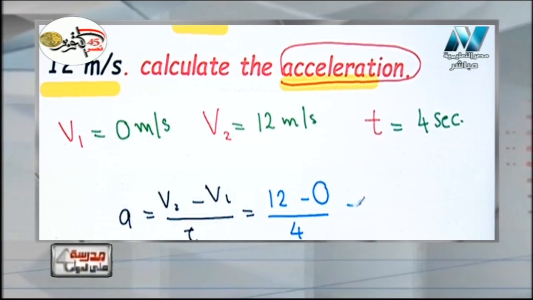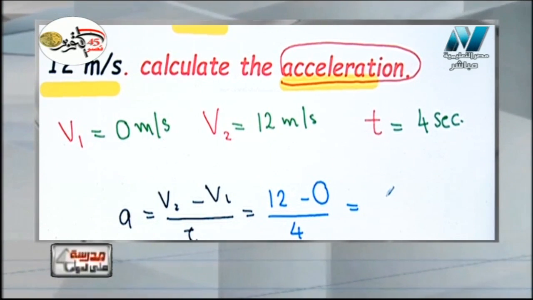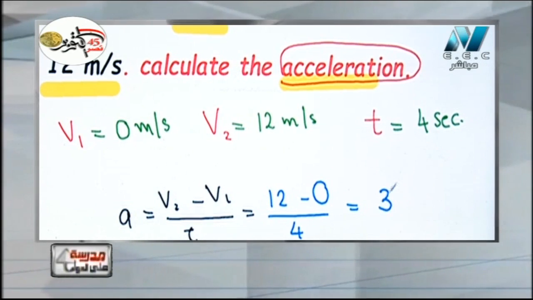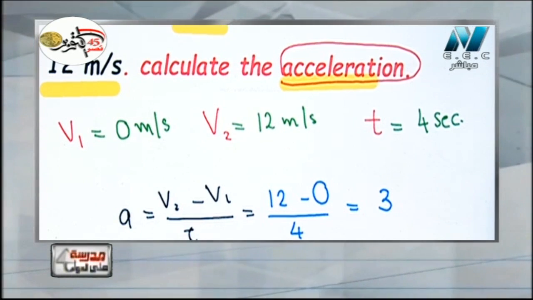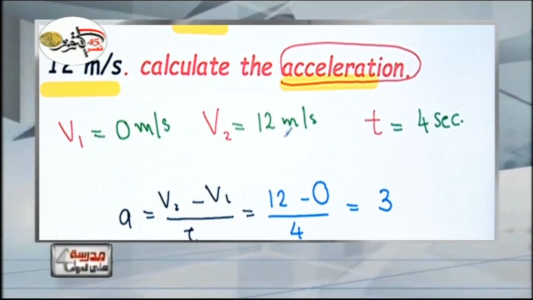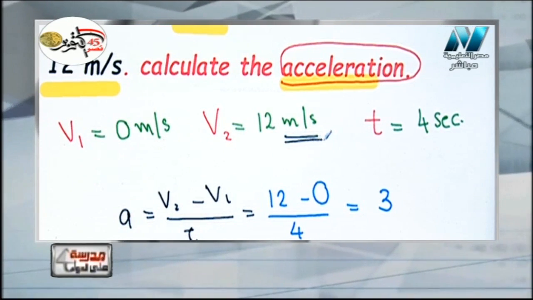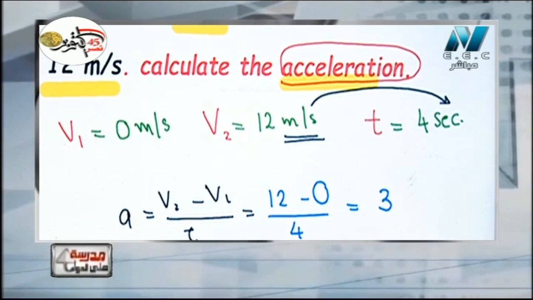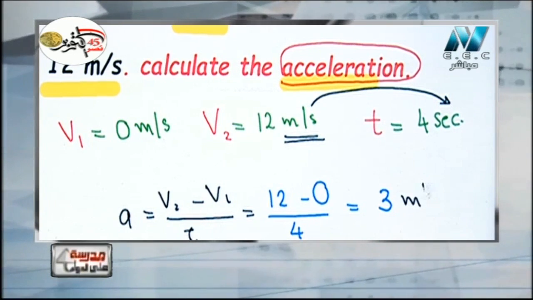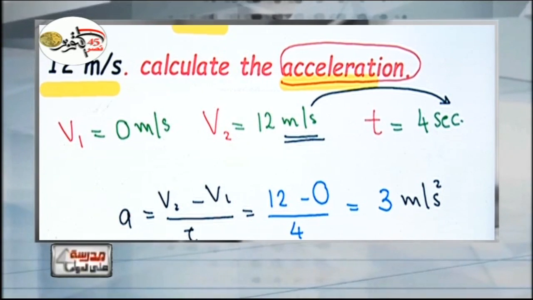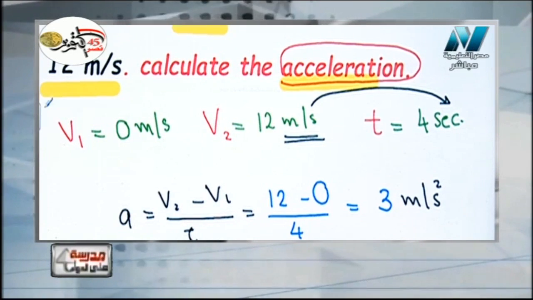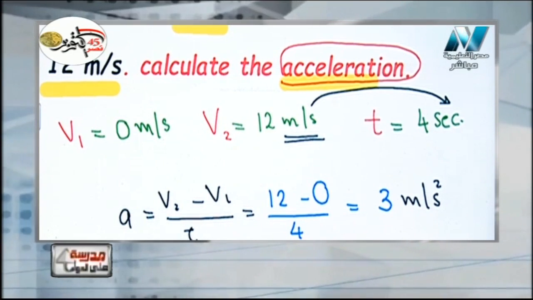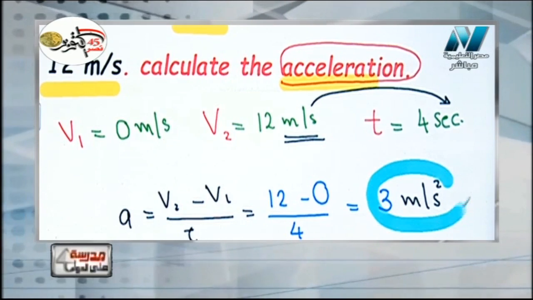So we have 12 over 4 equals 3. But 3 what? The measuring unit is meter per second squared, because we have meter per second and the measuring unit of time is second. So we have meter per second squared as the measuring unit of acceleration, as we see in front of us.